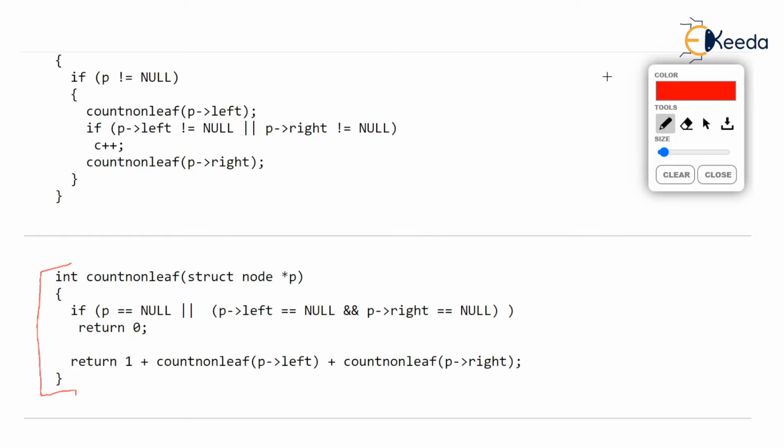Suppose you are given a binary tree like this, with null pointers wherever applicable: left of 20 is null, both pointers of 5 are null, and root points on the top. Now, suppose you are asked how many non-leaf nodes are there in this tree.